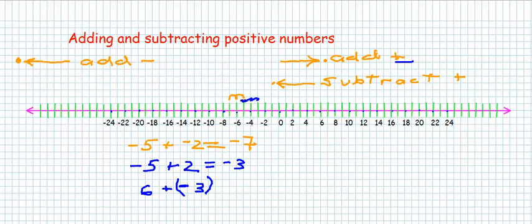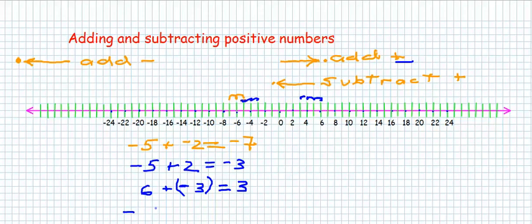So 6 plus -3, we start at 6, and then we go -3, 1, 2, 3, -3 to the left, and we're at 3 equals 3. Simple as that. All right?